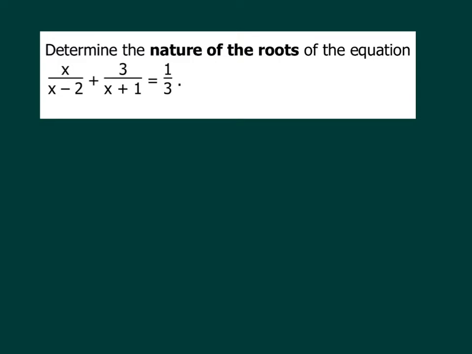Okay, so let's look at some of the cases in which we find the nature of the roots of the equation. Basically, we know that if the equation is a simple ax squared plus bx plus c equal to 0, then the nature of the roots can be identified by solving for b squared minus 4ac.